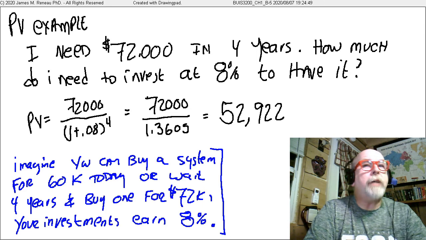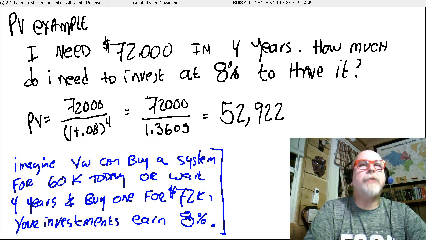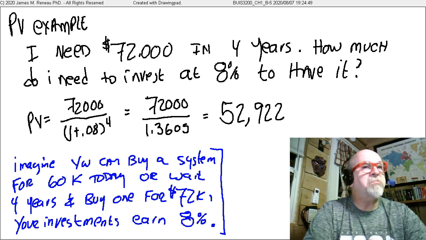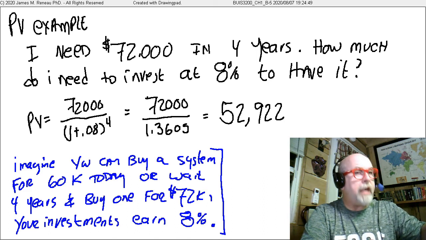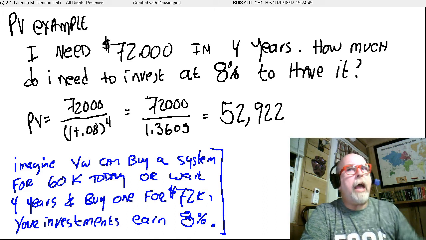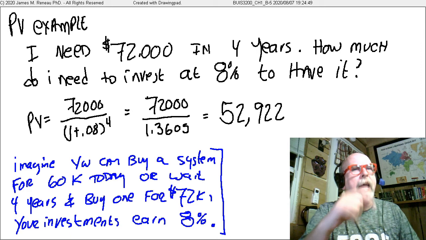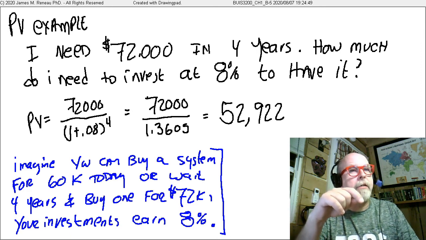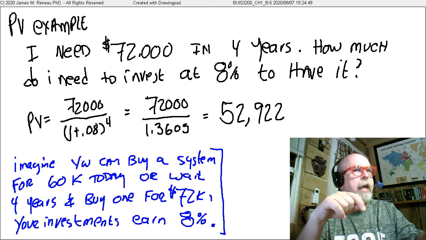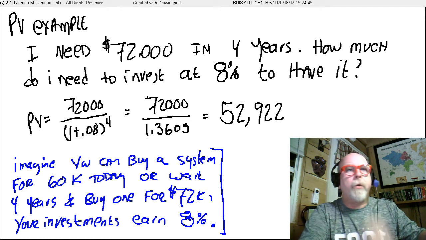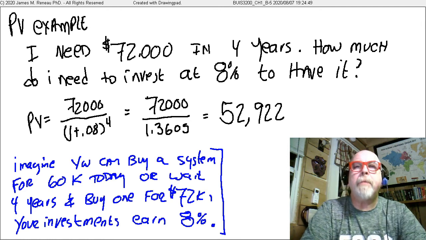So here's the question. I need $72,000 in 4 years. I just need 72K in 4 years. How much do I need to invest at 8% today to have $72,000 in 4 years? Well, let's look at the numbers.